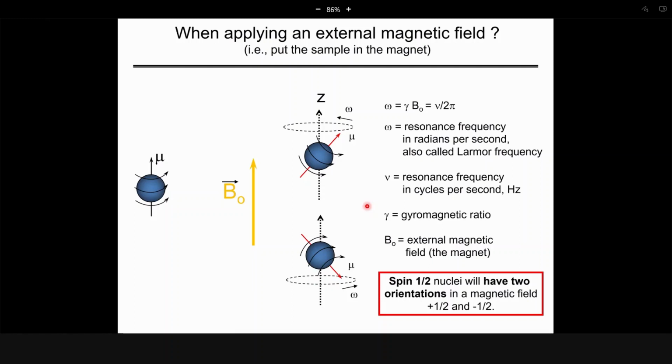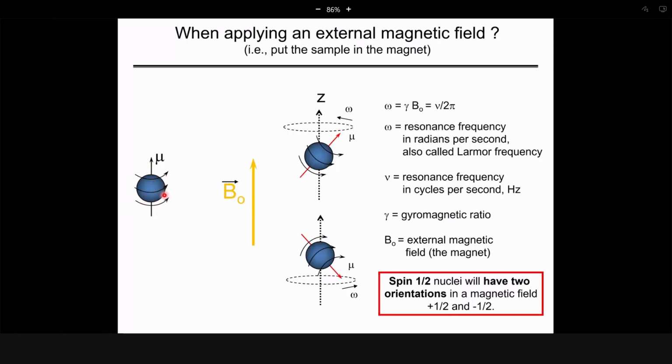For atoms, it's the same thing. The atoms that have a magnetic moment, if they are alone, you don't know that they are magnets. But the first step to get the NMR spectrum is to put your sample, the atoms, in a magnetic field.